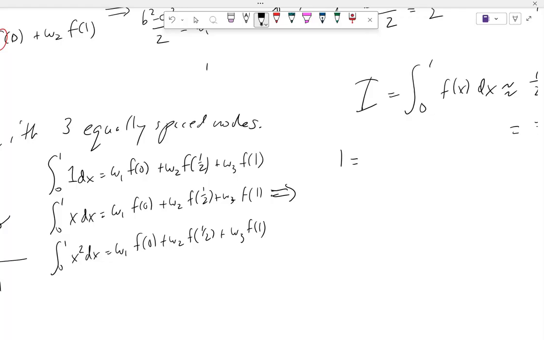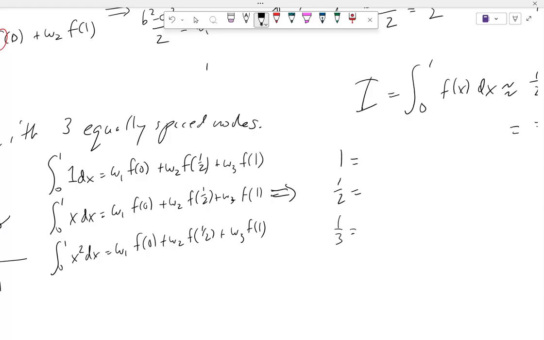What's our integral of x on the interval from 0 to 1? 1/2. And the integral of x squared on the interval of 0 to 1 is going to be 1/3, right? The x cubed over 3. You plug in 1 and plug in 0.